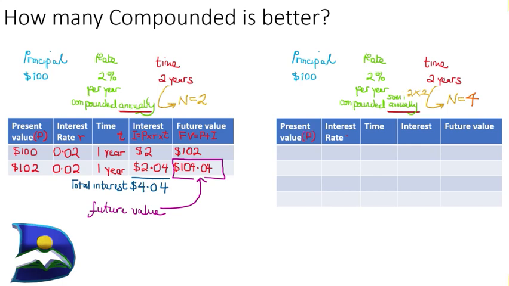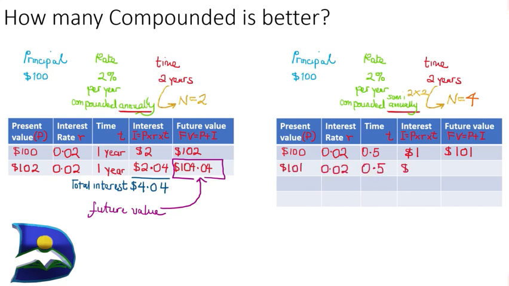After setting your principal, rate and time, we determine the interest, the product of the principal, rate and time, and that gives you the future value when you add your interest to your principal, which is $101. Then that future value becomes the present value for the next row.